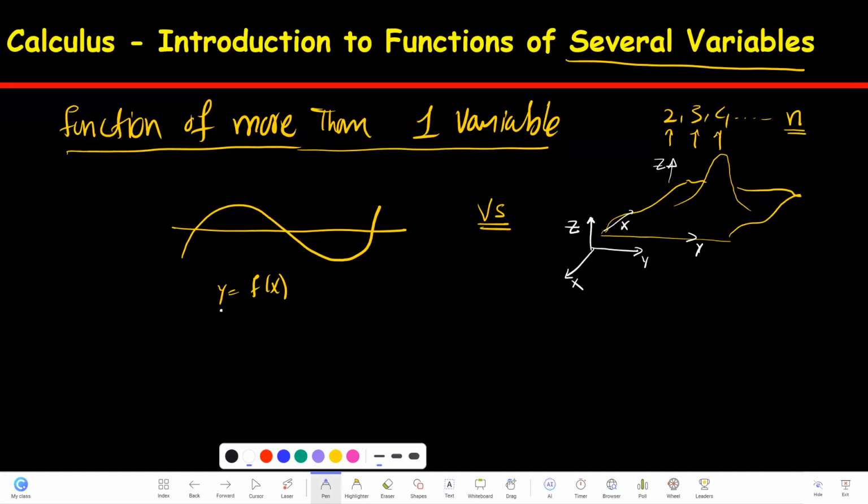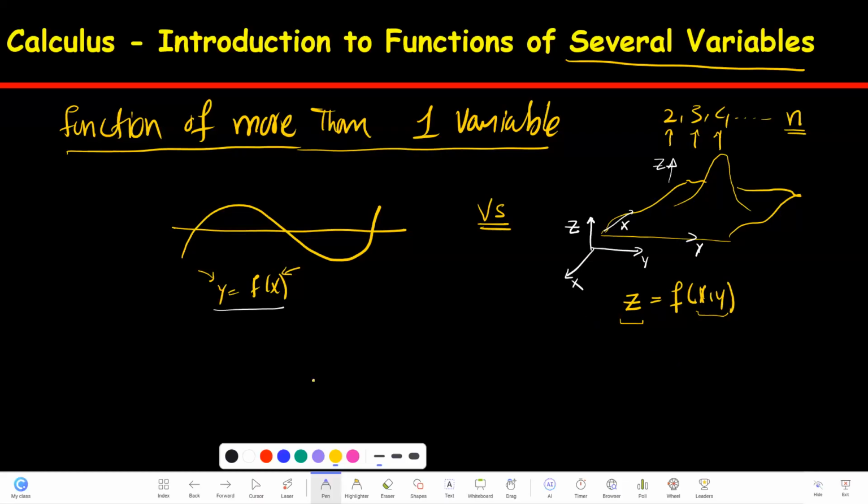Now here I wrote y equals f(x). On the other side I'm going to write the function of x and y. There's a two-variable function here, but I need to introduce the third variable. Right here I have two variables, one is here, one is here. Now here I have a group of variables, and I have one variable representing the third variable.